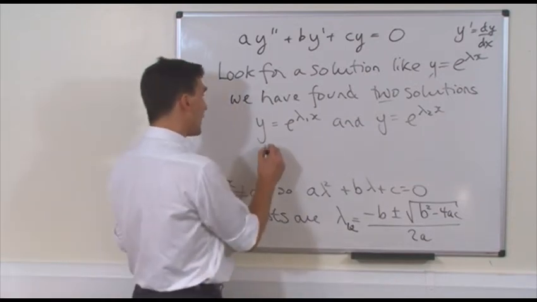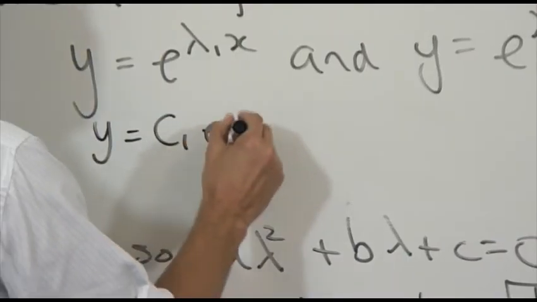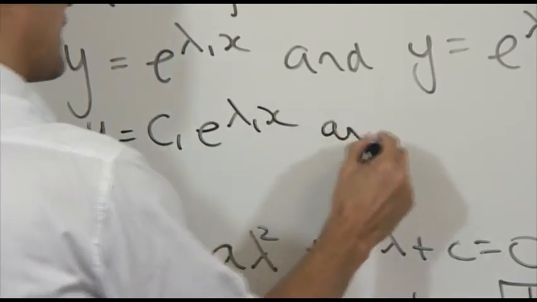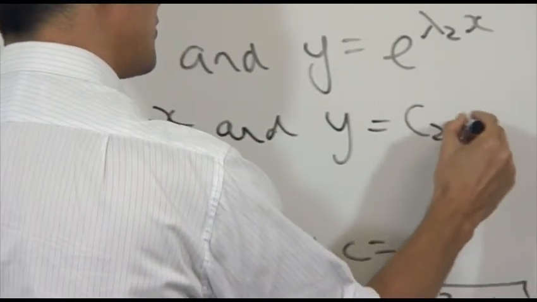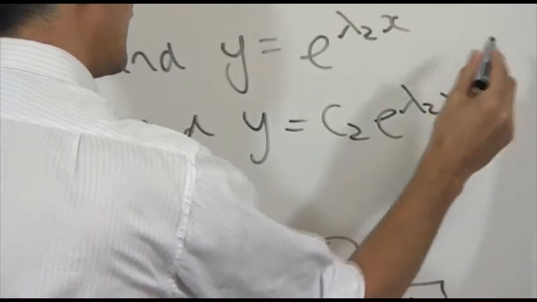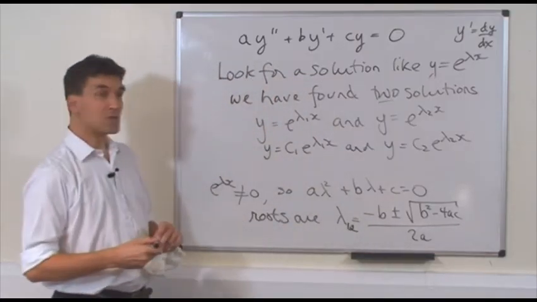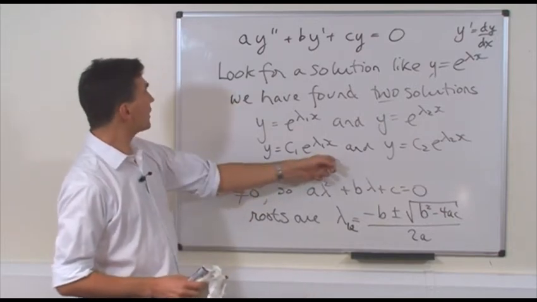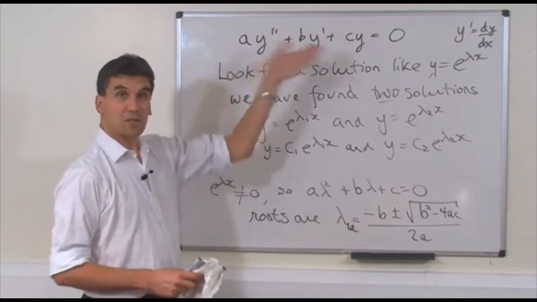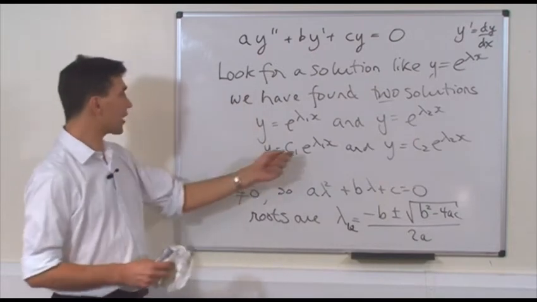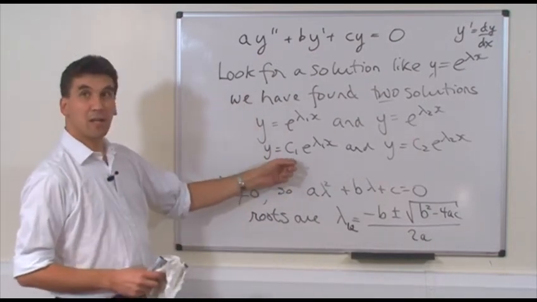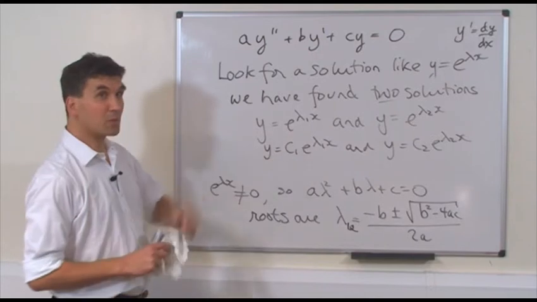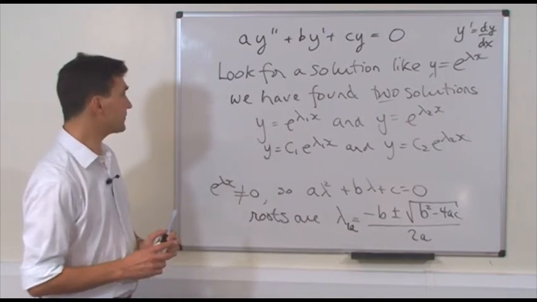So y is, say, c1 e to the lambda 1 x, and y is, say, c2 e to the lambda 2 x are also solutions of that equation. You can see that if you put c1 e to the lambda 1 x in here, the c1 comes out as a factor. So c1 here is an arbitrary constant, in the same way that we had that capital K when we solved the first order equation.